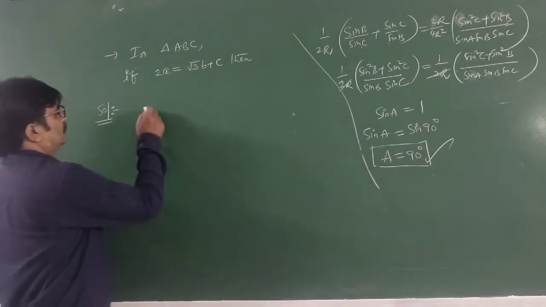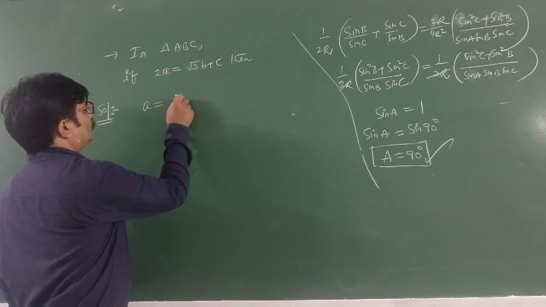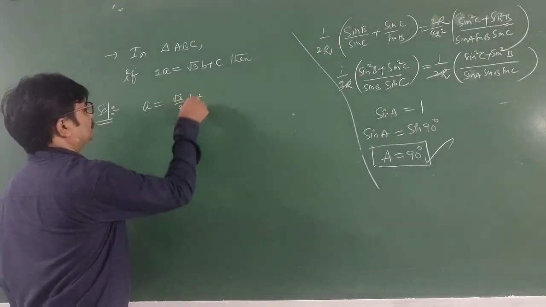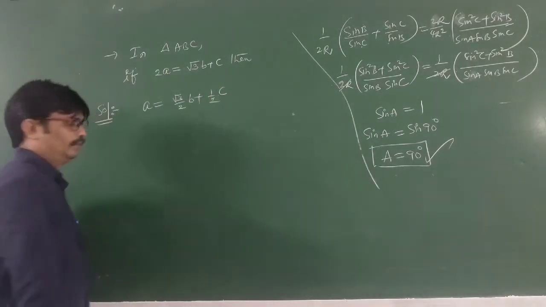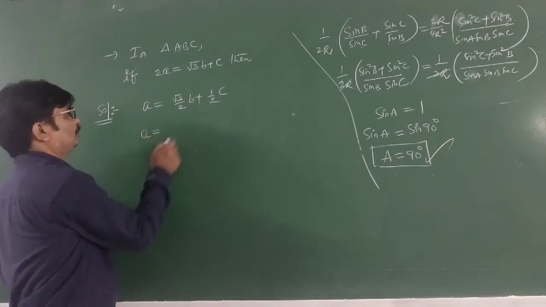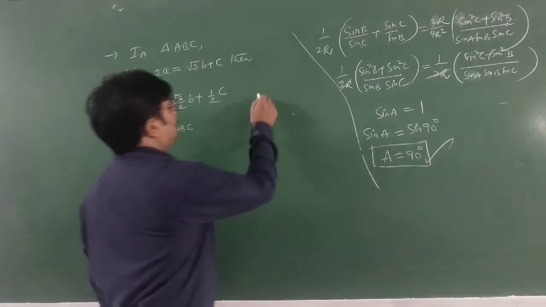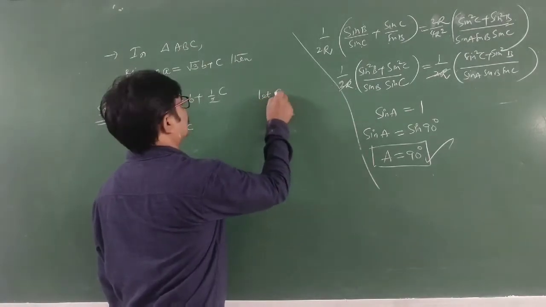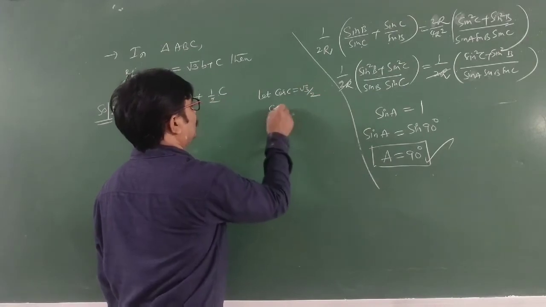How to take here? We can write simply a equals root 3 by 2 b plus 1 by 2 c. Small a equals b cos C plus c cos B. Let cos C equal root 3 by 2.